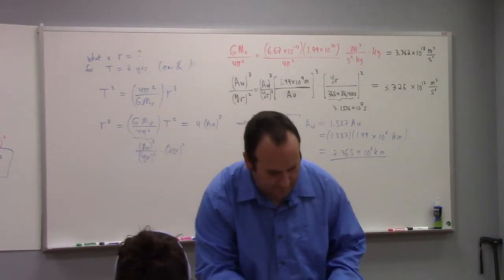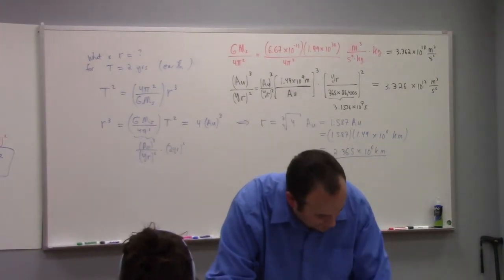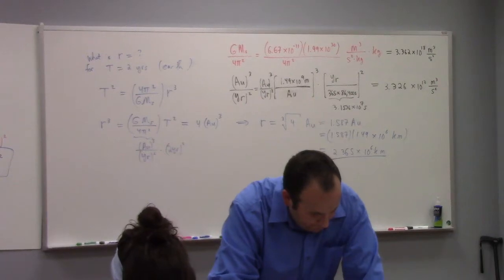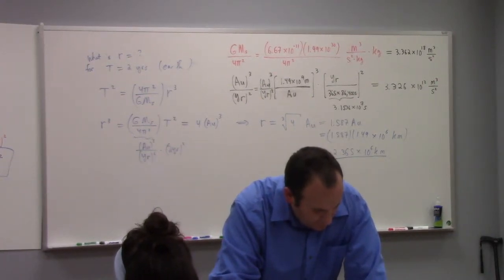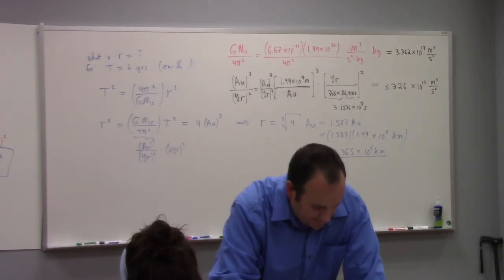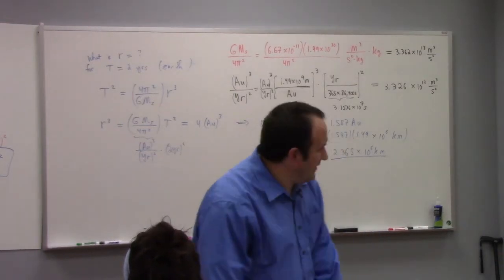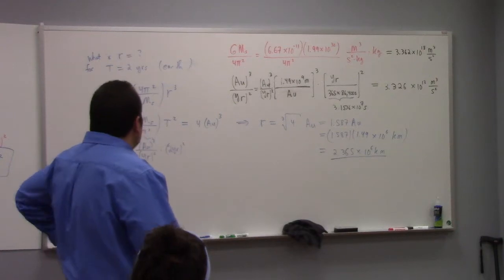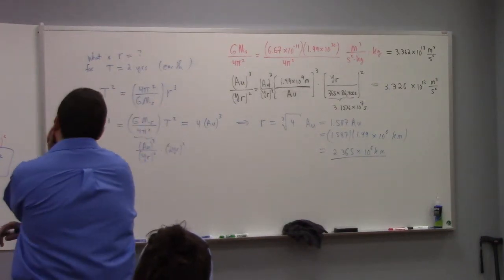I'm not sure where my mistake is at the moment, guys. What's 6.67 times 10 to the minus 11th? Well, my value for G is right. Mass of the sun is right.